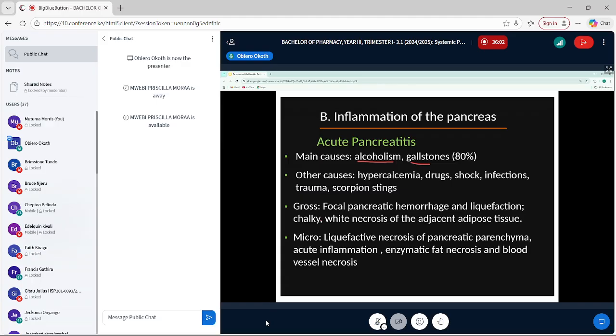Okay, that's how it looks. Microscopy, you have liquefactive necrosis of the pancreatic parenchyma, you have acute inflammation, you have enzymatic fat necrosis, and you have blood vessel necrosis. This is normally coming from the prematurely activated or wrongly activated pancreatic enzymes.